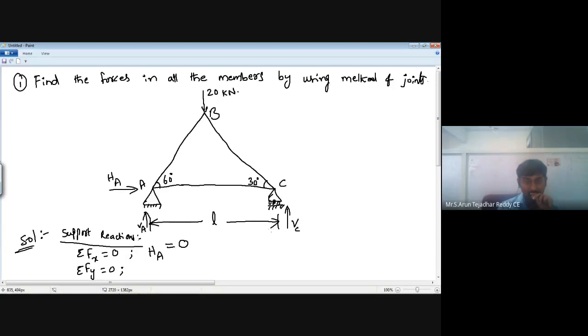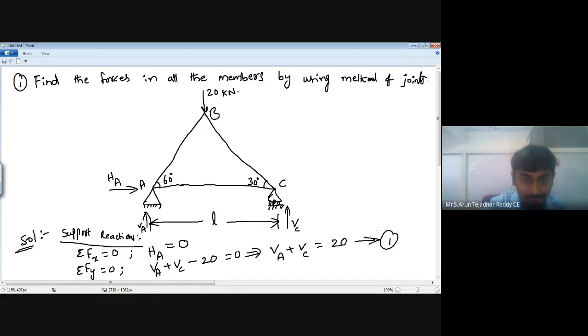So VA and VC are positive, and 20 kilonewton is negative: VA plus VC minus 20 is equal to 0. VA plus VC is equal to 20. This is equation number 1.